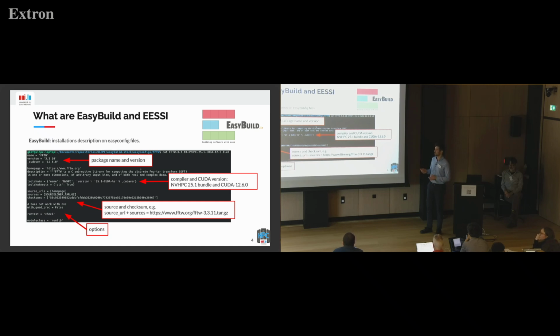They provide some information on the compilers that will be used to compile this package. For instance, here we compile with NVCC, and we link with CUDA as well to use GPUs. And then we provide some information on how to source the software. And finally, some options, so some compilation flags and other things, and also dependencies of our software.